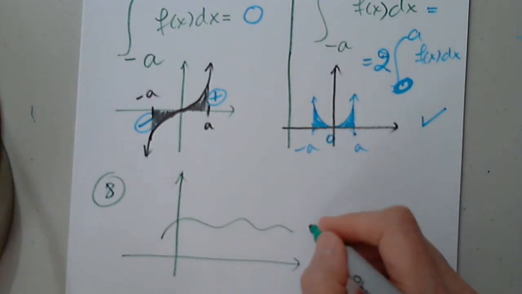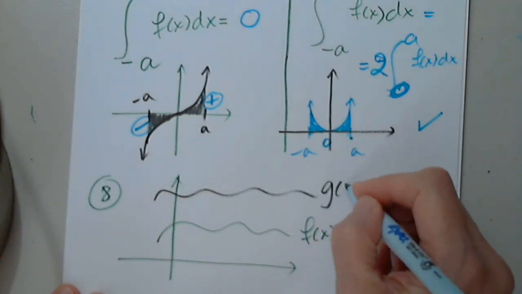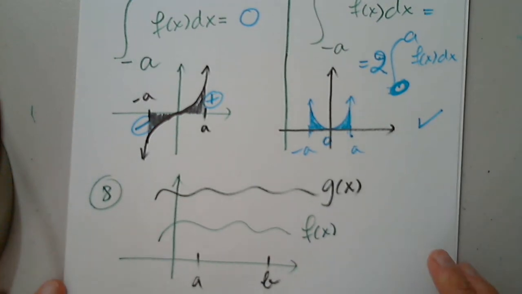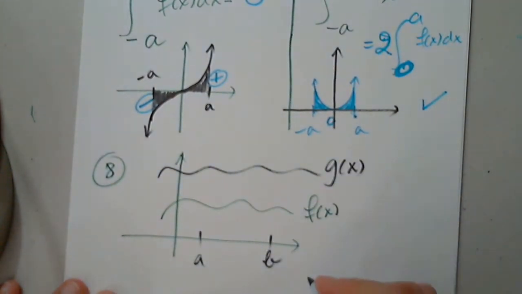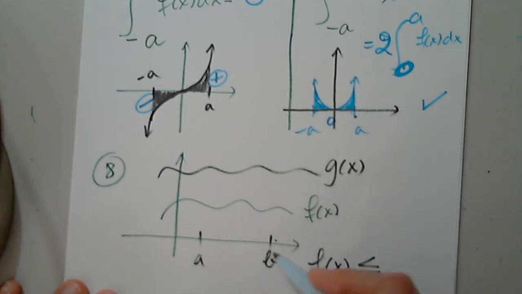So here is a function f of x, and here is a function g of x. Of course, this is the interval a comma b. Would you agree that f of x is definitely, I don't care outside of the interval, but in the interval a comma b, less than or equal to g of x?